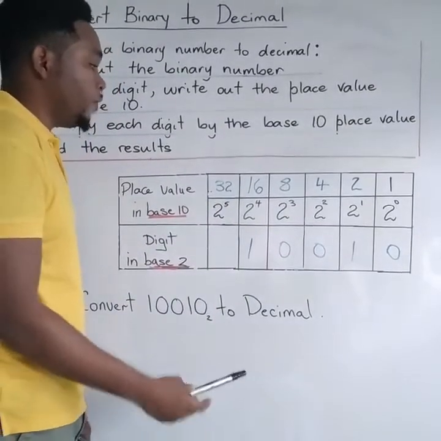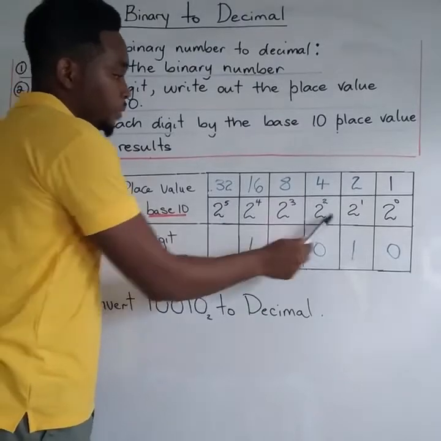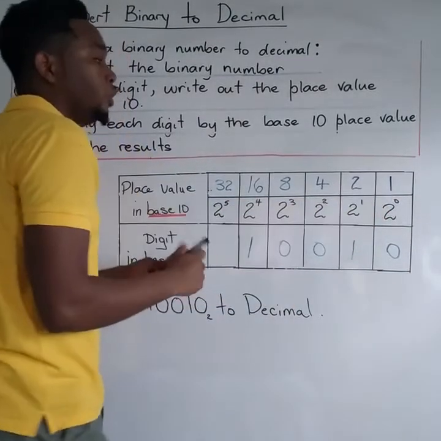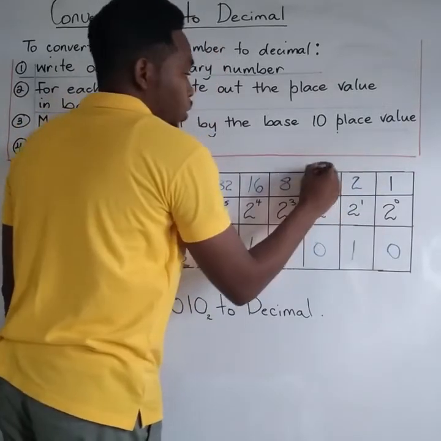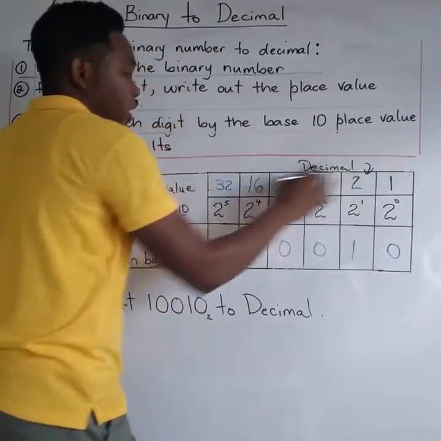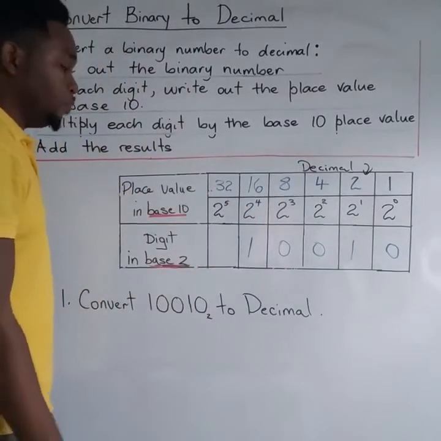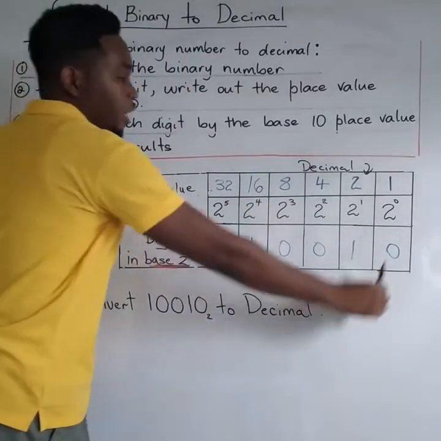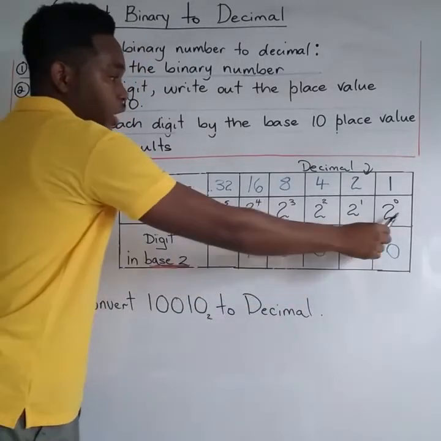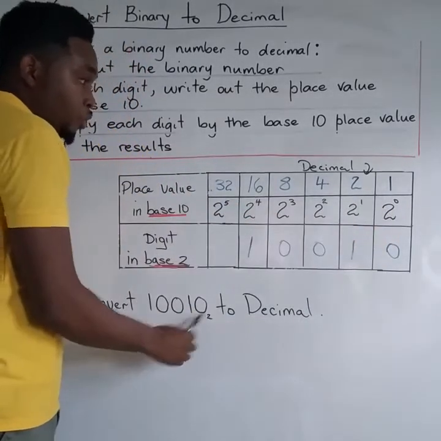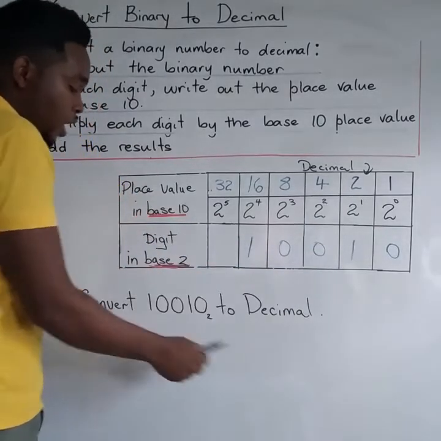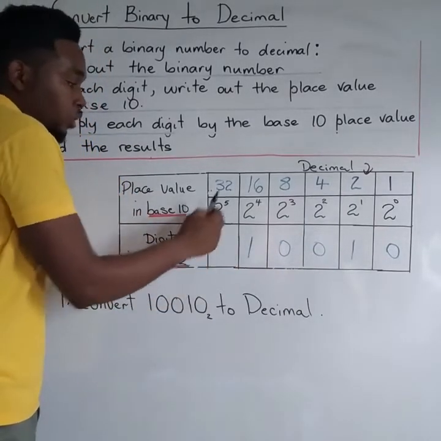So each of these binary powers has its own decimal equivalent, and all of these values go in here. When we insert the digits, we always start from the right, so the first digit 0 would be under the 2 to the 0 column, the 1 would be under the 2 to the 1, 0, etc. If we had another number here, we would continue the process going that way.